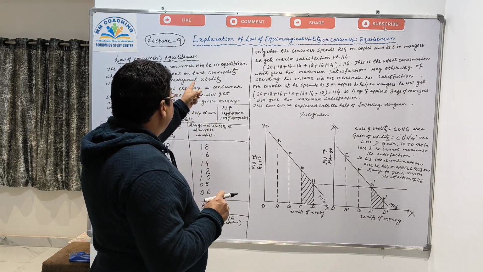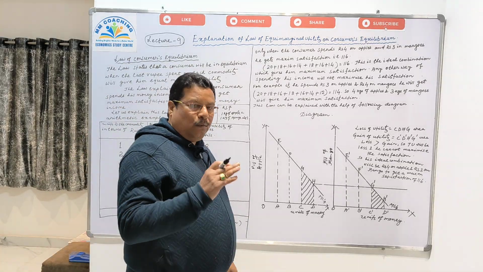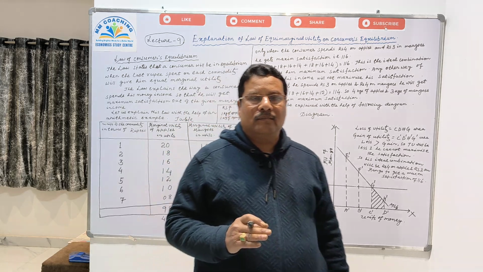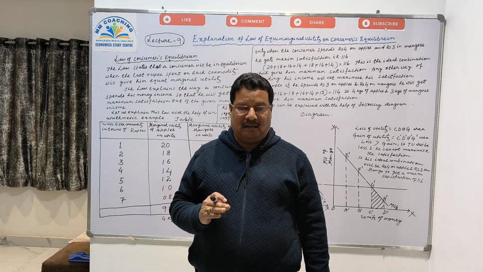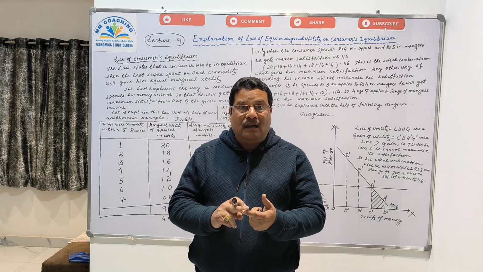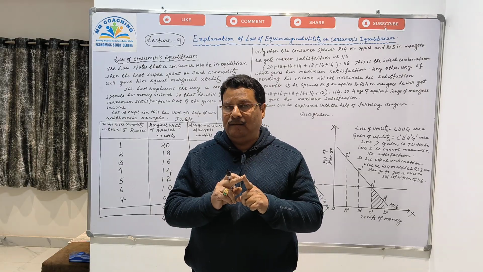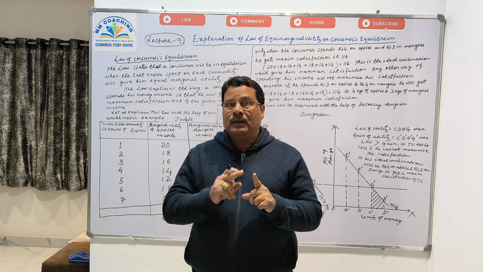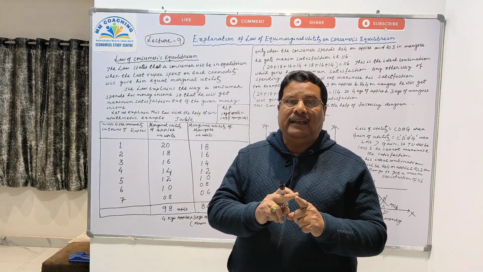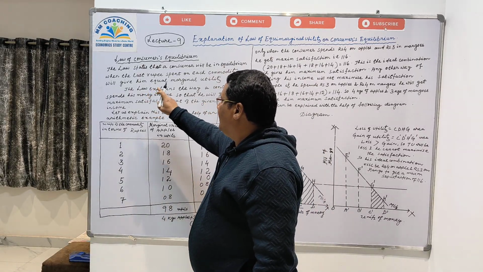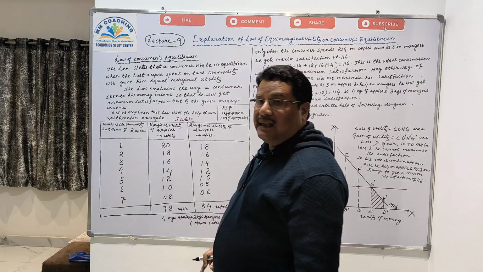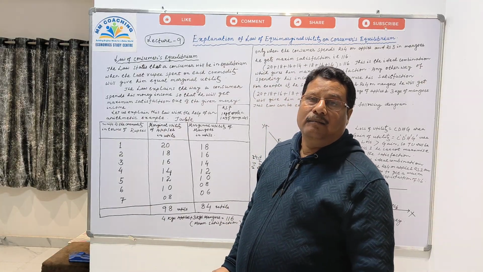What does our law say? Our law says a consumer gets maximum satisfaction when the last rupee, mind you, the last rupee spent on each commodity will give him equal marginal utility.